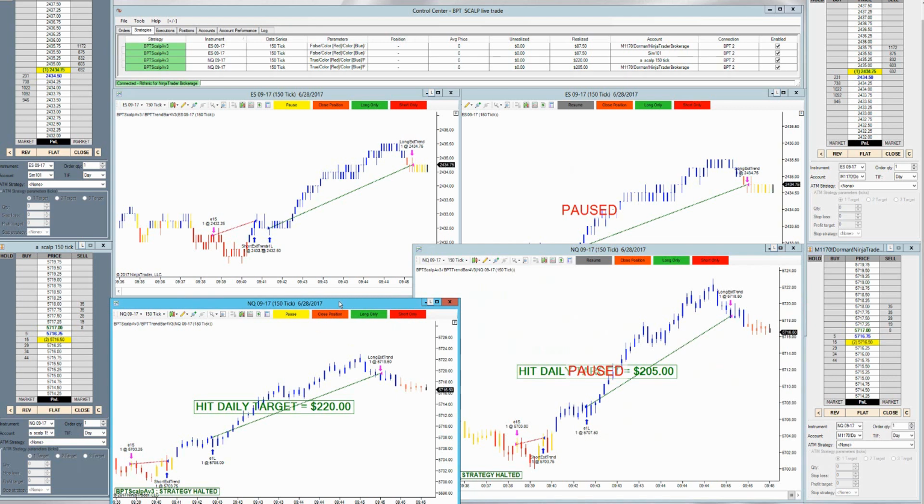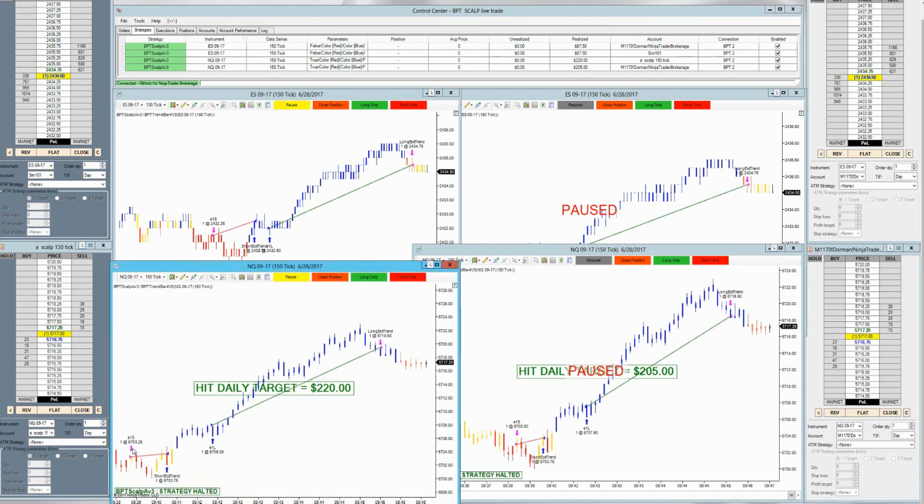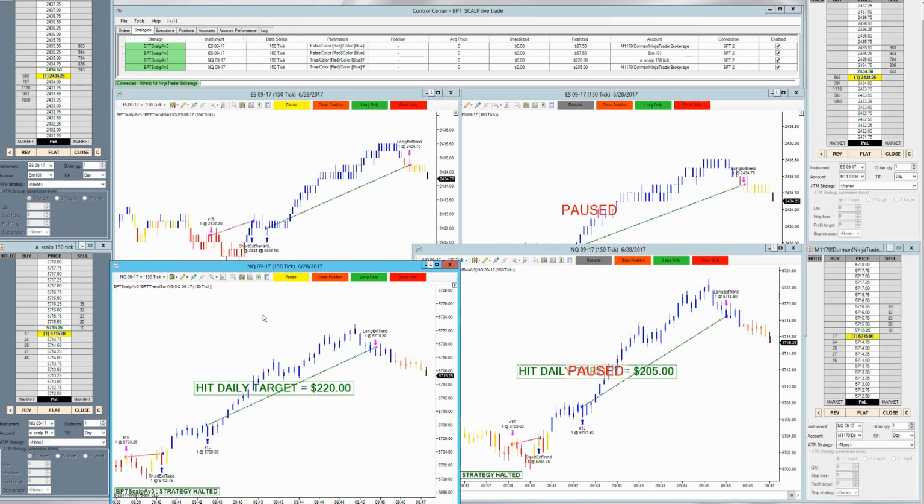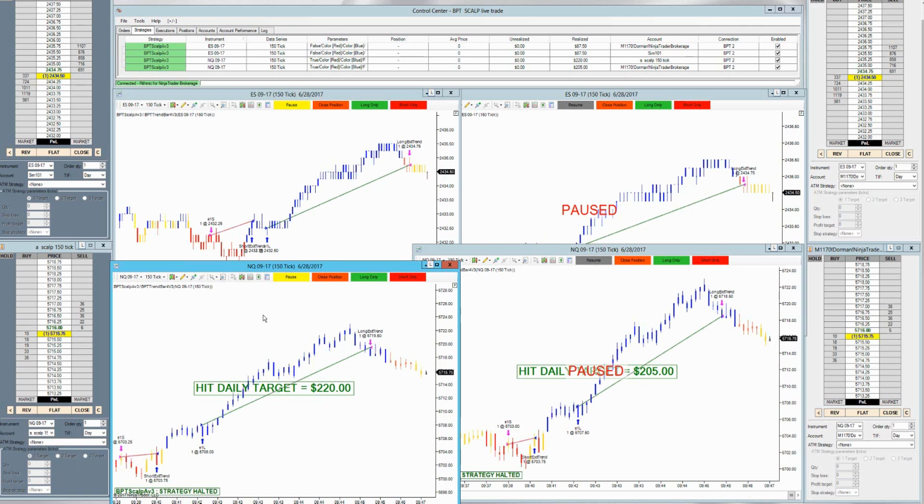So we have one losing trade and one winning trade, and on the 2 trades we had 3 ticks different, and this is not bad at all. 220 and 205, and then the ES.